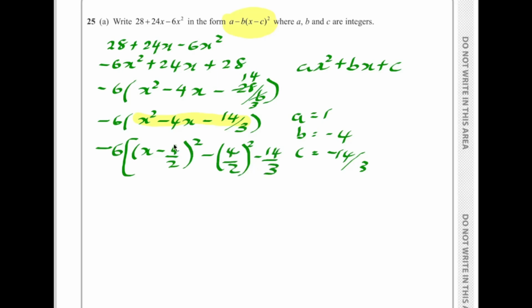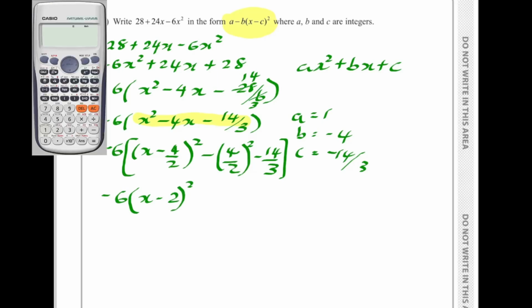Remember, whatever you write here, no matter whether this is plus or minus, always we square this b over 2 and subtract it. After that, close this square bracket, write minus 6. Here, let's simplify a little bit more, then it is neat. Minus 2 here, squared. After that, you can straight away use the calculator to get the answer.